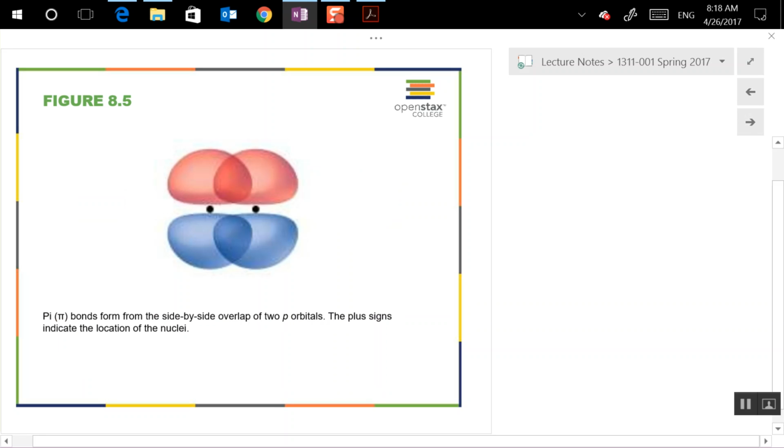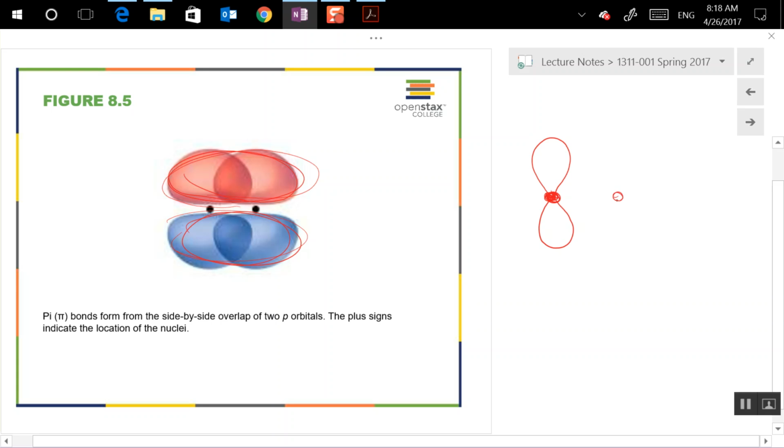But when you get p orbitals that are unhybridized and they overlap, that's when you get what we call a pi bond. So here you can see these orbitals are coming together, and they're forming this pi bond. Now remember that p orbitals form that dumbbell shape, the nucleus in the middle, and the electrons are orbiting in that dumbbell shape.